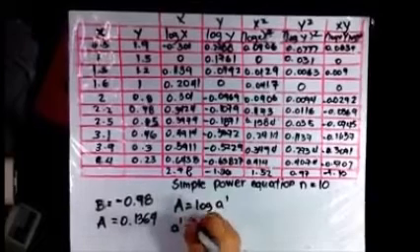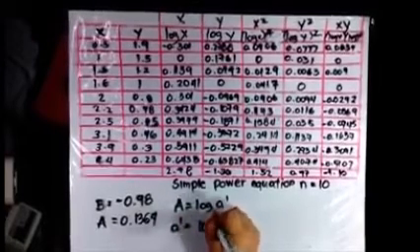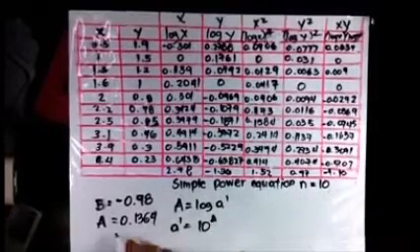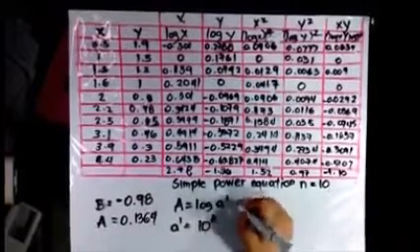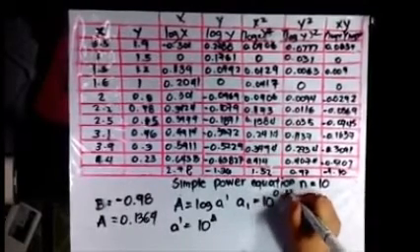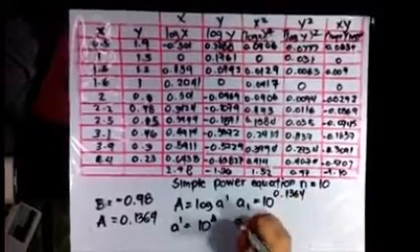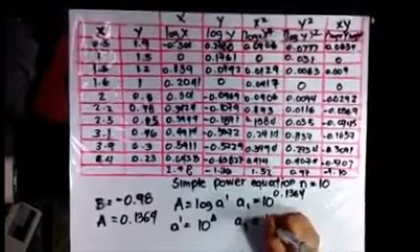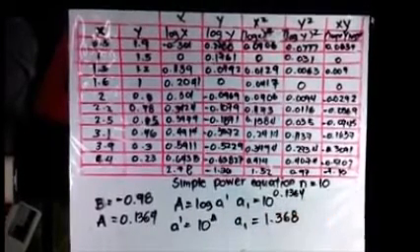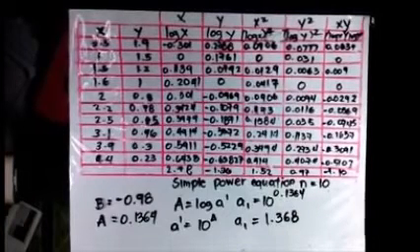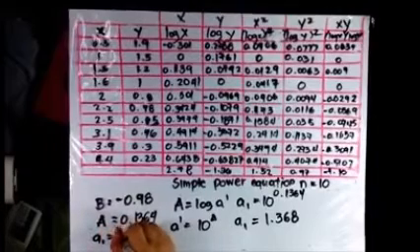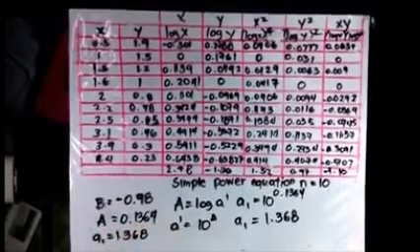So A sub 1 is equal to 10 raised to A. Then substituting the value of A, A sub 1 is equal to 10 raised to 0.1364, which is equal to 1.368. So A sub 1 is equal to 1.368.